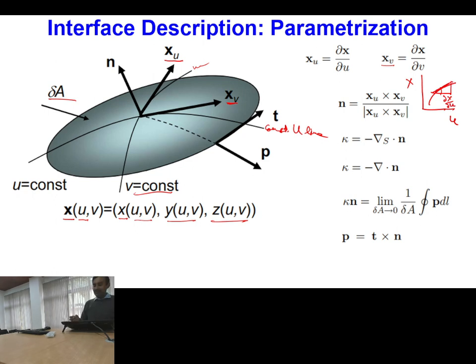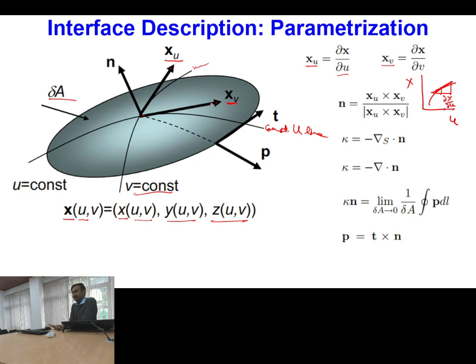Okay, so that is what I am saying, that del x by del u will be tangent in the direction of constant u line, and del x by del v will be tangent in the direction of constant v line. So if I know these two tangent vectors, both of these will be in the same plane but perpendicular to each other. Is this one clear? So both of these two tangents are on the same plane but perpendicular to each other.